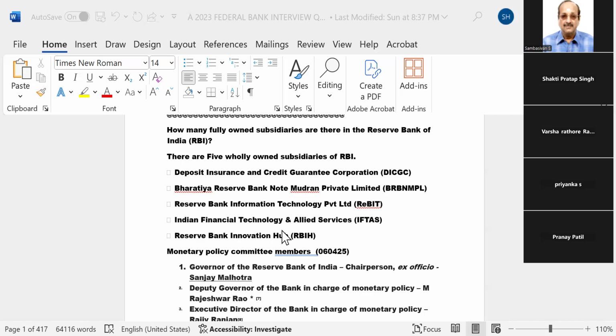Normally, they don't ask what are the functions of these and all, except this one. DICGC is giving guarantee to scheduled commercial bank deposits and cooperative bank deposits, up to 5 lakhs per depositor in one bank.